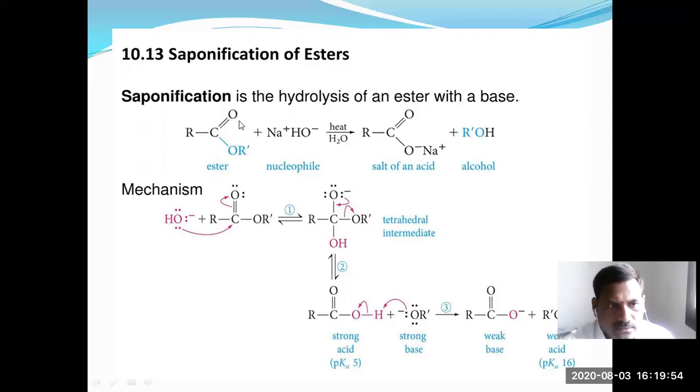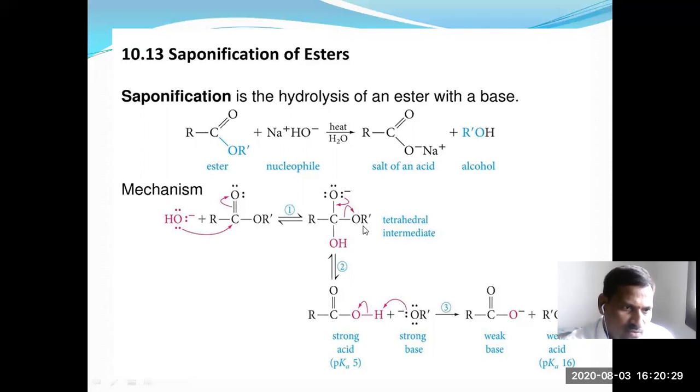So ester on heating with sodium hydroxide gives the salt of an acid, and alcohol is formed. See here, this is the carbonyl oxygen, carbonyl group. Here OH minus is a nucleophile, and addition of the nucleophile takes place. So a tetrahedral intermediate is formed.